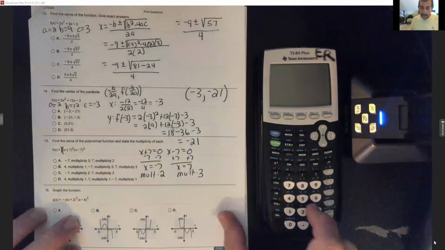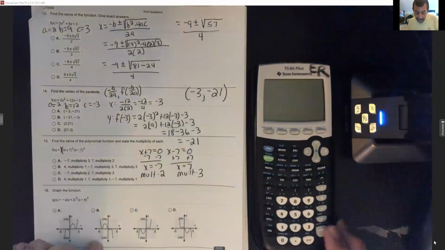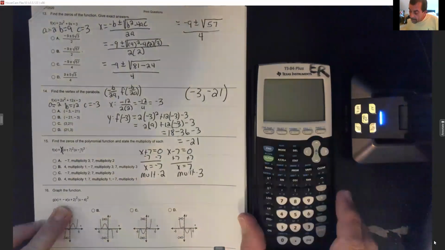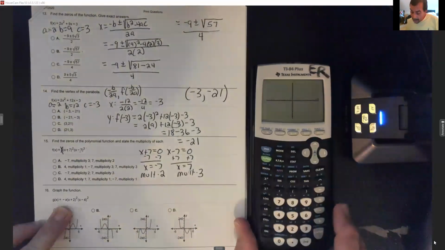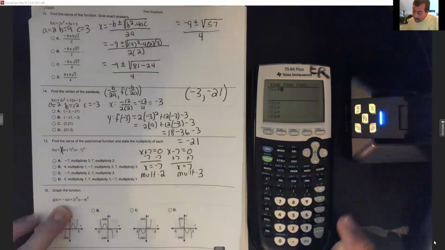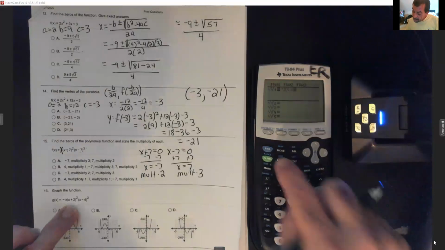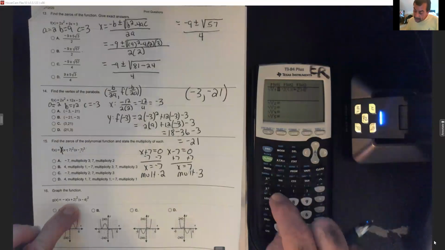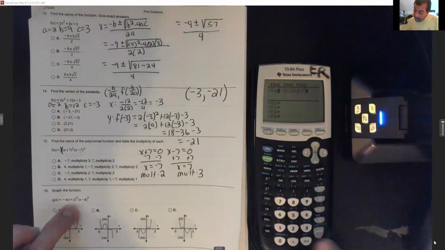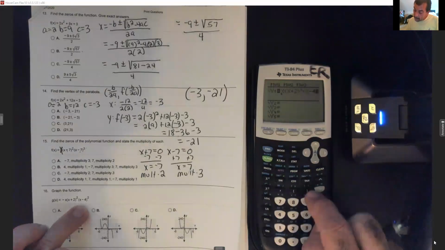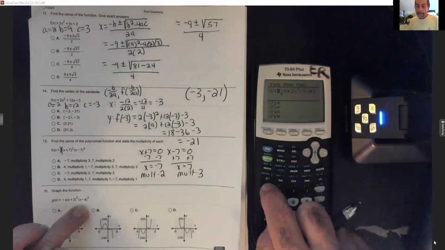All right, next one we're going to graph, and I'm just going to show you how to graph that on the calculator. So go to y equals, turn it on, go to y equals, you can clear that out. So I got negative x, parentheses, x plus 2, close parentheses, squared, parentheses, x minus 4, close parentheses, squared.